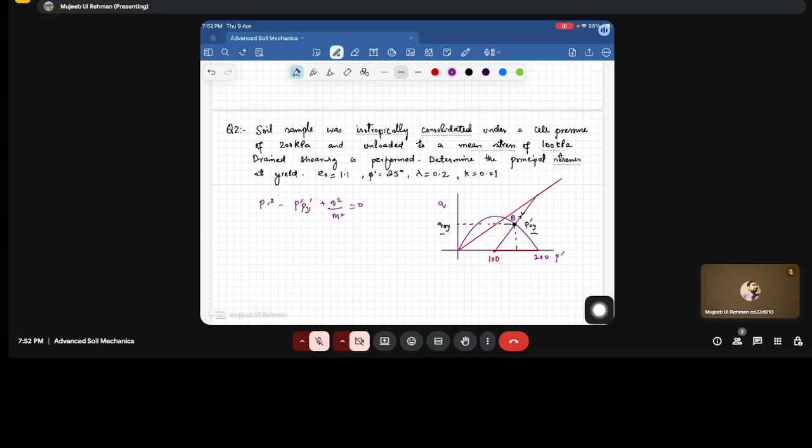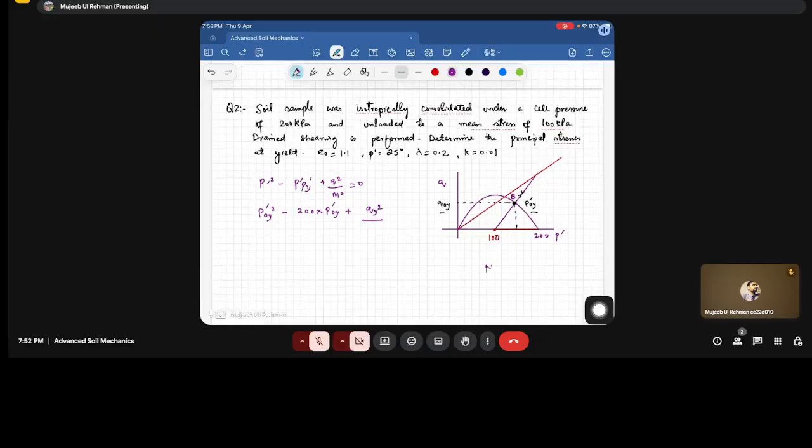So we can write p' naught squared minus 200 times p' naught y plus qy squared divided by M squared. Now M we can find from this. So we can write M is equivalent to 6 sine of 25 degrees divided by 3 minus sine of 25 degrees.